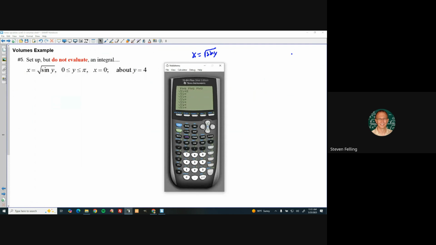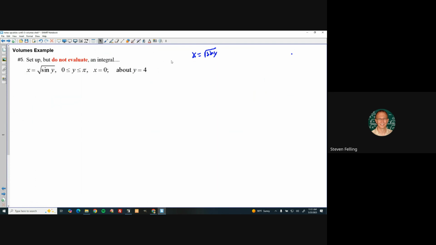let's reverse the x and the y. So we could say y is the square root of the sine of x. Now if we did that and graphed it, we would get something that looks like this, except that the x and the y axes are reversed. So for sketching it, you'd have to say, all right, this has to look like this.